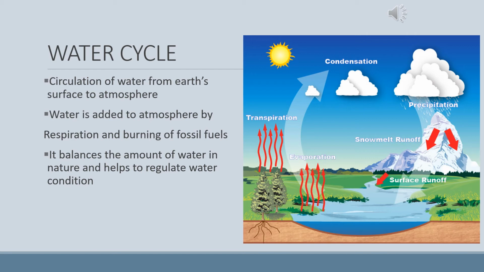Or it becomes surface runoff. And some of the snow will also melt from the glaciers, which will turn into river water, that is, it will melt. So that is also called the snow melt runoff.